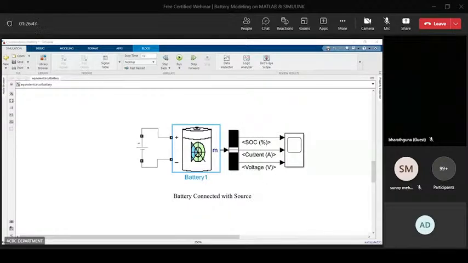Here I have kept the nominal voltage at 12 only. For charging the battery I have to keep the potential more than 12, so I have kept it at 14. When I run this model, we can see that it starts increasing.